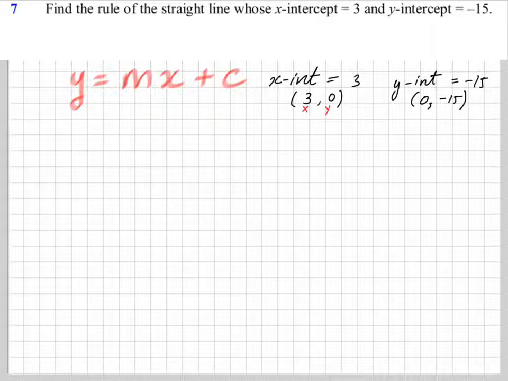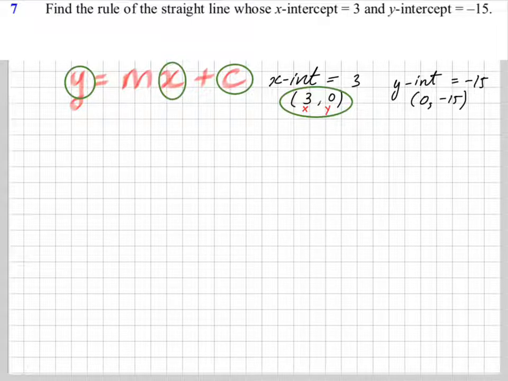We've been given our x and y because this has an x and y, this has an x and y. But for the sake of this question, we're going to substitute these x, y values into this linear format. And if we know our x, our y, and we substituted it in, and we know our c, what we're left with is our m. And if we can find our m, then we pretty much found the rule or the equation of this straight line.